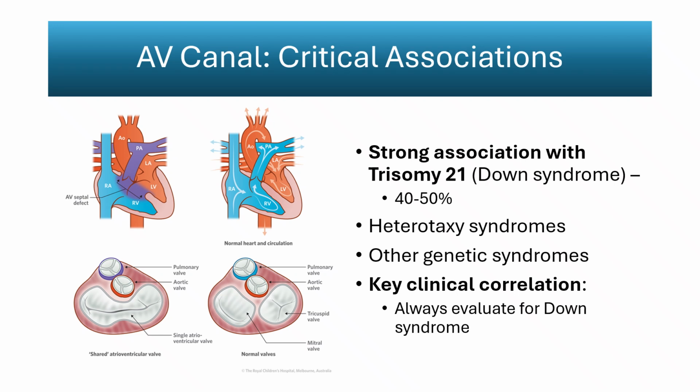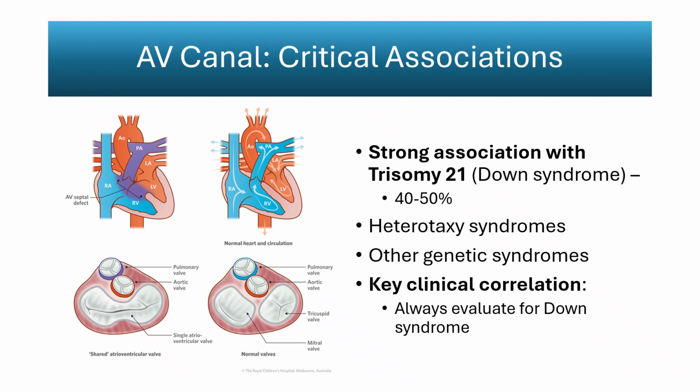Atrioventricular canal defects show one of the strongest genetic associations in congenital heart disease. Roughly 40 to 50% of infants with Down syndrome have some form of AV canal defect, making trisomy 21 the single most important clinical correlation. These defects are also linked to heterotaxy syndromes, where abnormal left-right patterning produces complex intracardiac and extracardiac malformations.